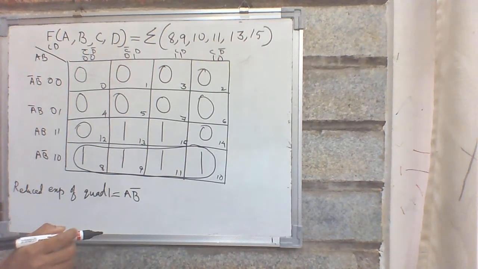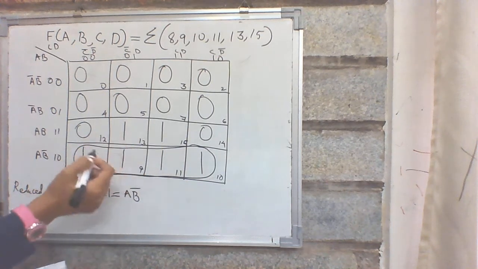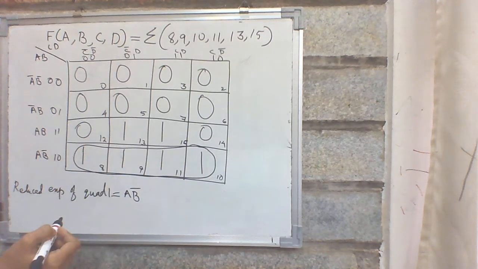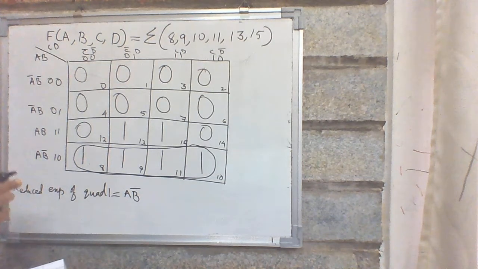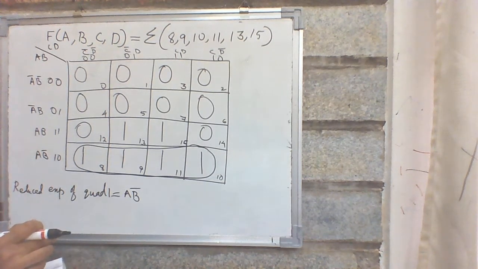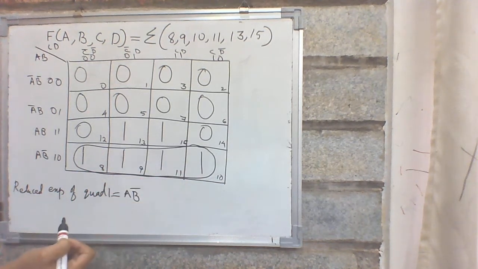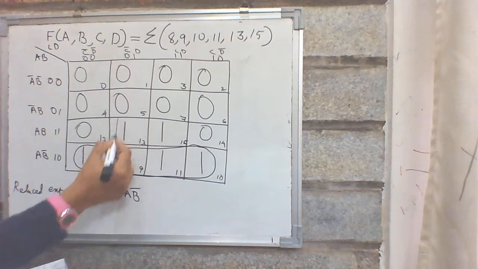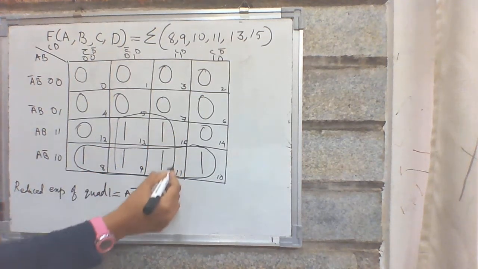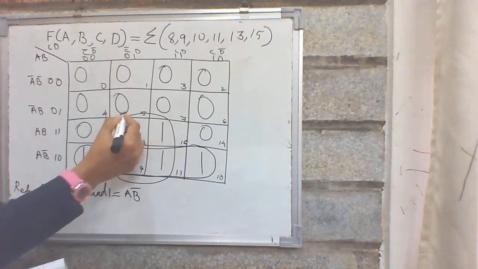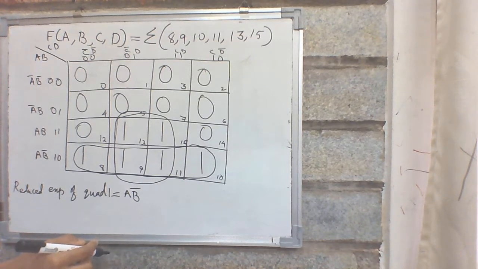If you make it a pair, we won't get the reduced expression. If there is a quad, first you have to represent it as a quad. See, this 13, 15, 9, 11 we can make as a quad. We can circle that one.